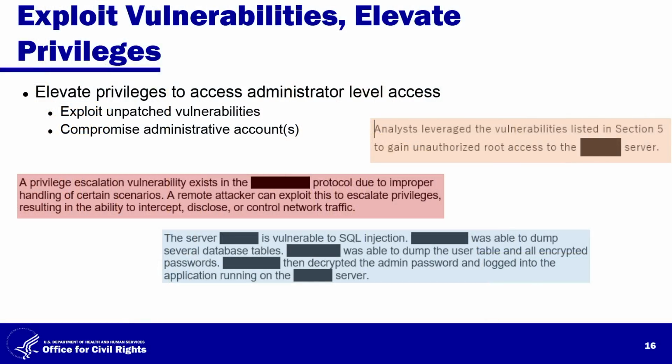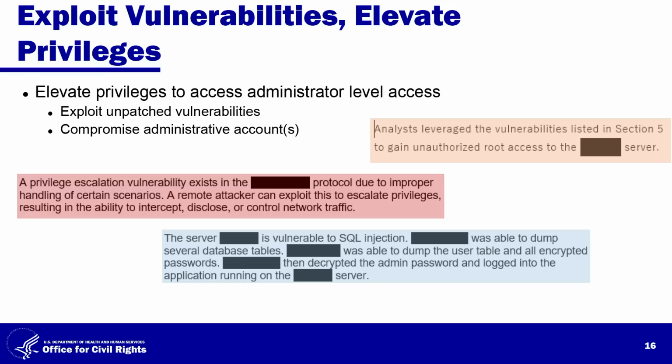After conducting reconnaissance to discover sensitive data and system vulnerabilities, OCR investigations show that an attacker would next exploit a vulnerability to gain access to administrative privileges. This can happen in a number of ways. An administrative account's credentials can be compromised. Password harvesting tools may successfully yield access to administrative credentials. Or an unpatched vulnerability could be exploited that elevates privileges to an administrator's level.